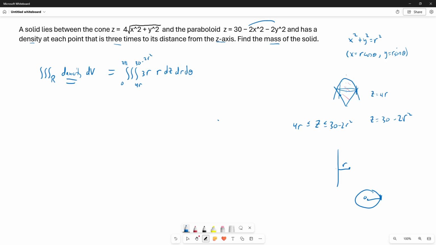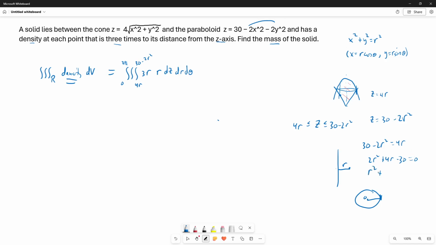And r will go from 0 to whatever that distance is there from the z-axis. And to find that, we will set these two equal to each other. 30 minus 2r squared is equal to 4r. See where they intersect, and that'll give us the maximum possible radius in this figure. So 2r squared plus 4r minus 30 is equal to 0.